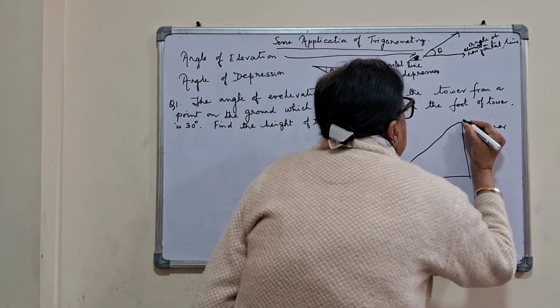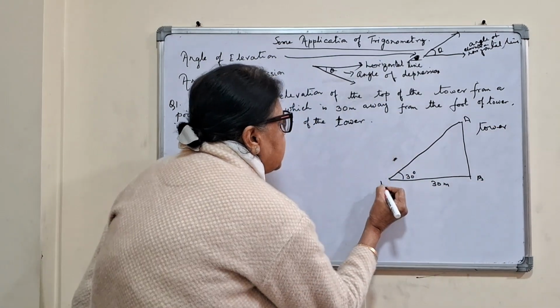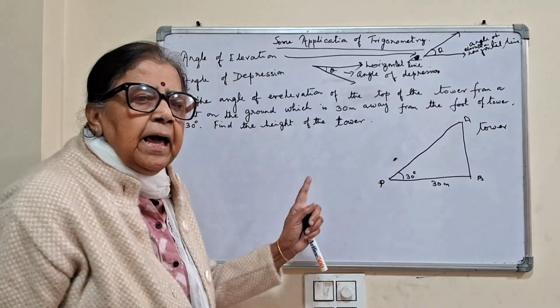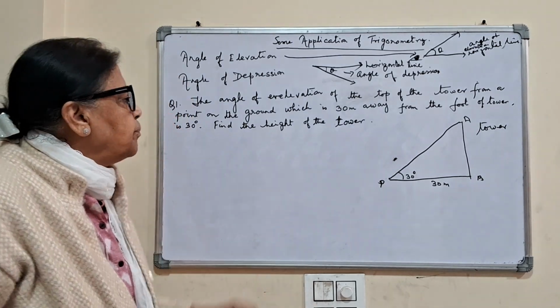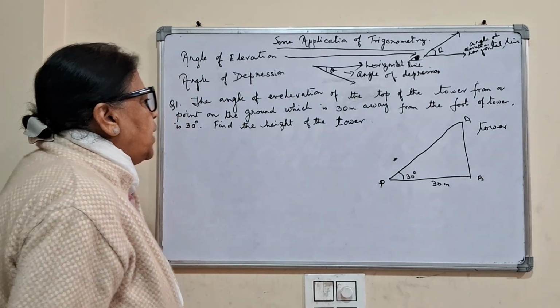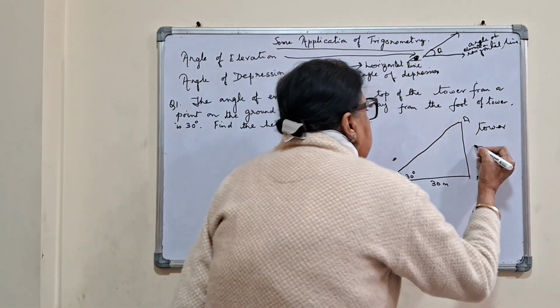AB is the tower and P is the point. We want to find out the height of the tower.